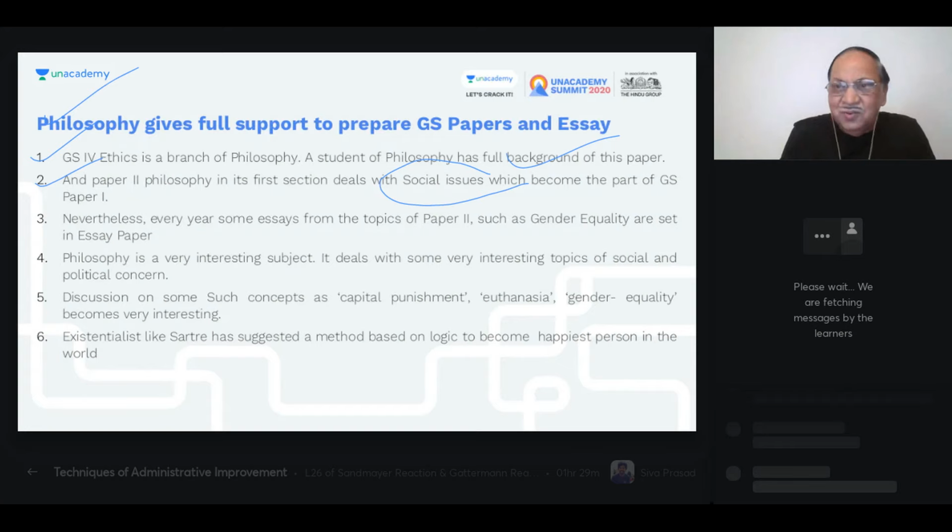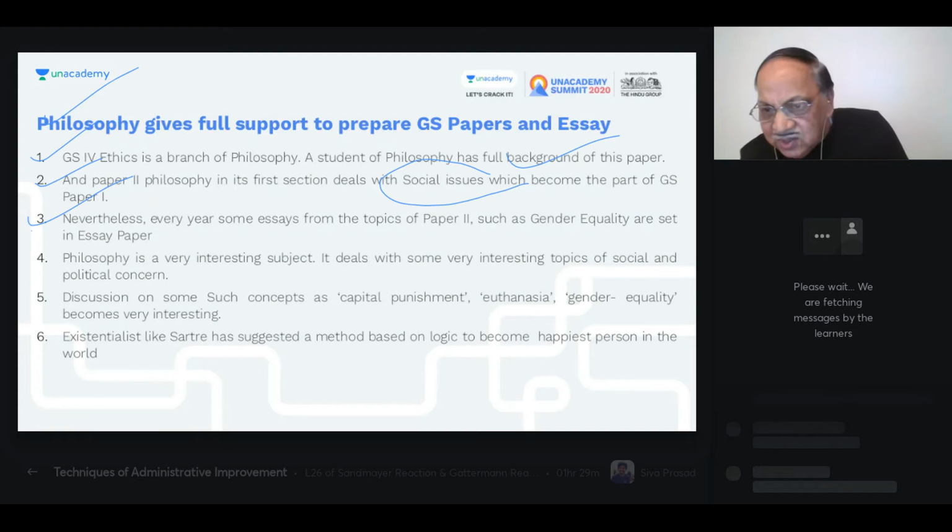But once you know, this is the only subject you will go for, I am sure about it. This is the second support which philosophy gives in your preparation of the GS paper. The first support is that you are going to get complete support for GS paper 4.